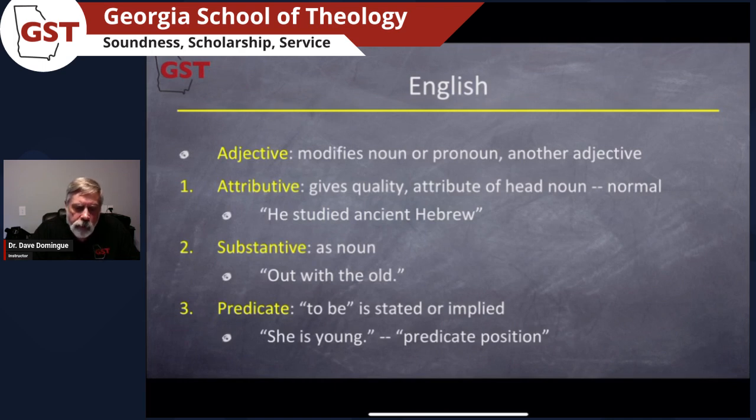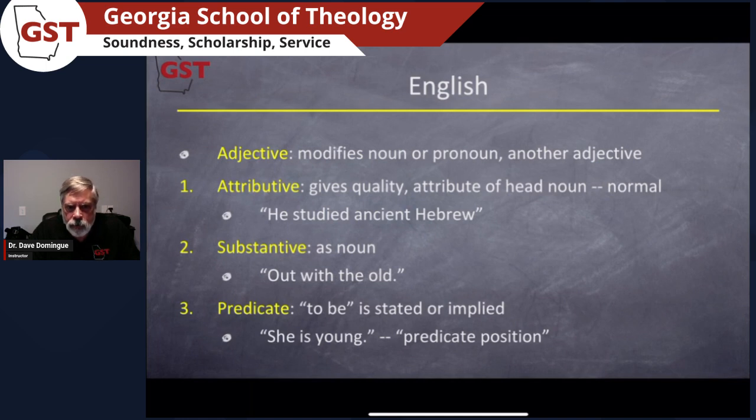It's often stated, like a me, or I forget now. We'll see it when we move forward. A me, or implied, it's not there at all. For example, she is young. Well, she is the pronoun for the subject.